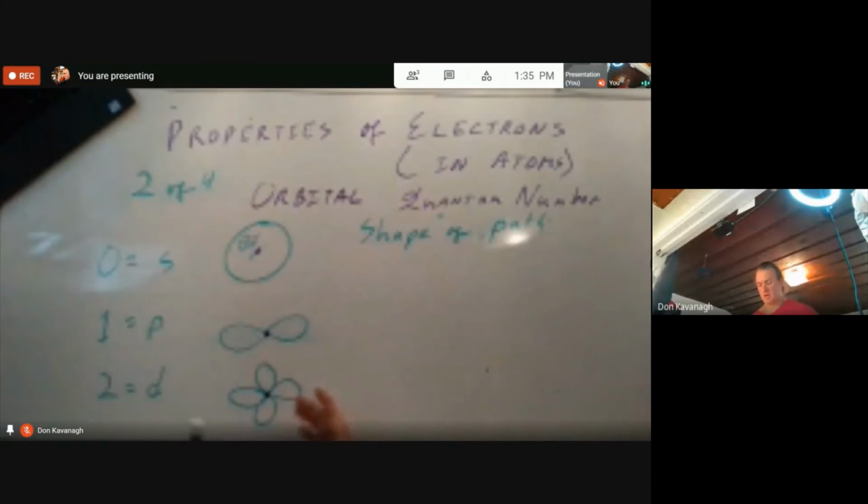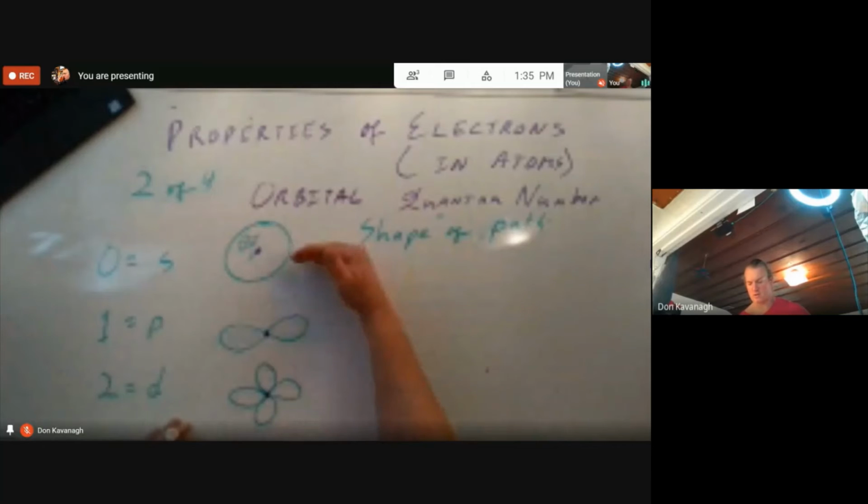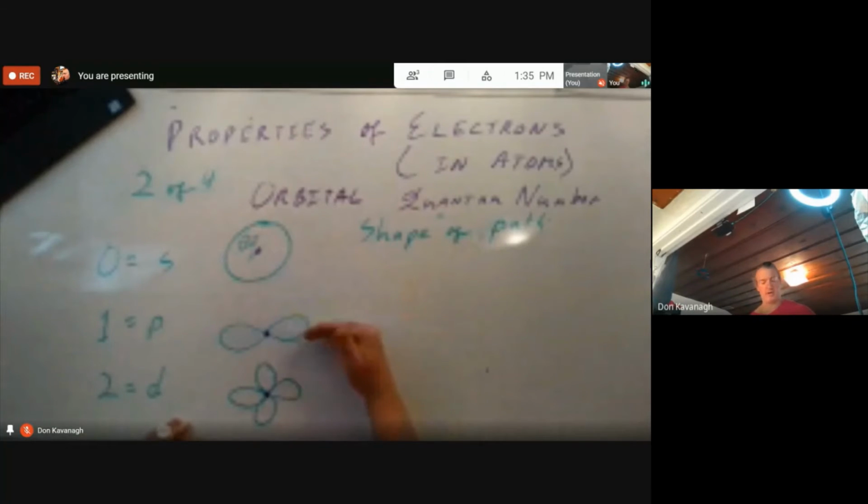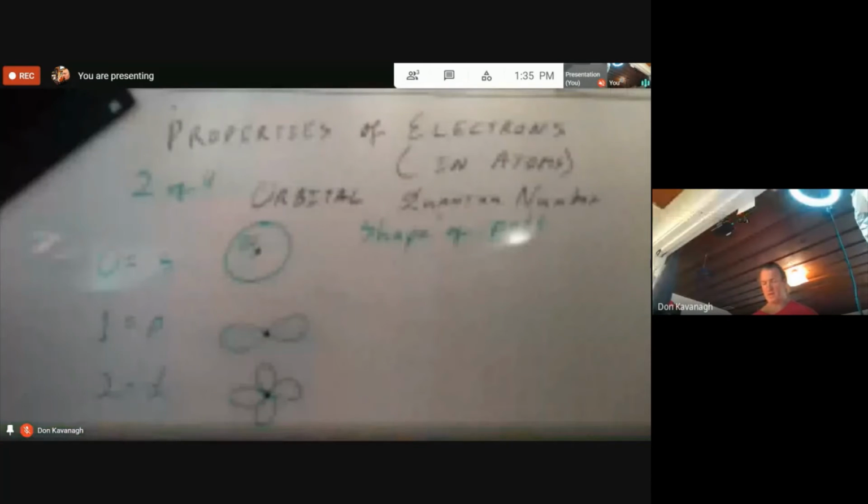In Gen Chem, we don't talk about d orbitals too much, but I do want to draw a picture of one, just to get an idea how we have an S, a spherical orbital, a p or a dumbbell orbital, and then we have these d orbitals that look like clovers, and they get more complicated right there. The first quantum number talks about the distance an electron is from the nucleus, and the second one gives a shape of the path. Let's tie those two together.